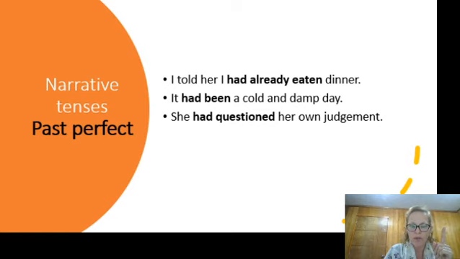So the past perfect is what happened before the past tense verb. It had been a cold and damp day. This is the type of sentence you would use to narrate a paragraph or a story and give some information about it beforehand. She had questioned her own judgment. Again, you're talking about something that happened before the past that you're already describing.